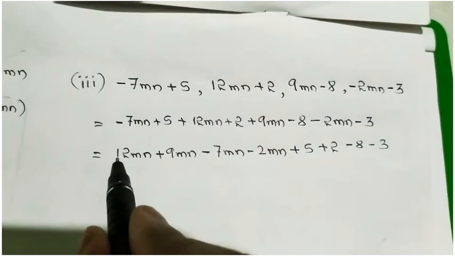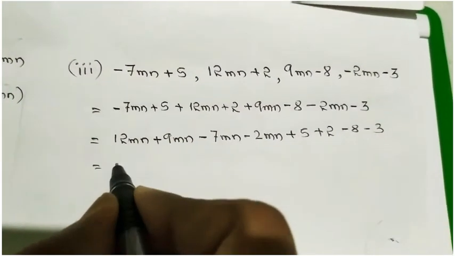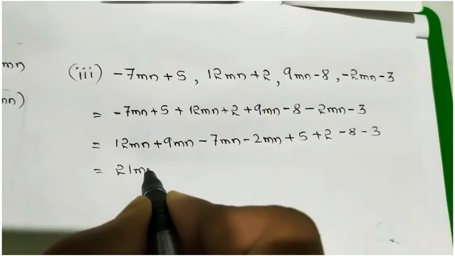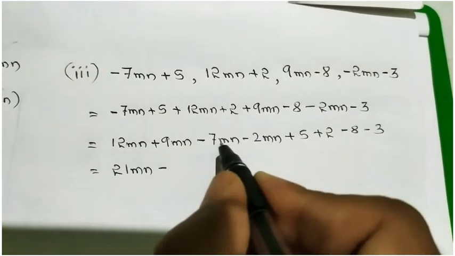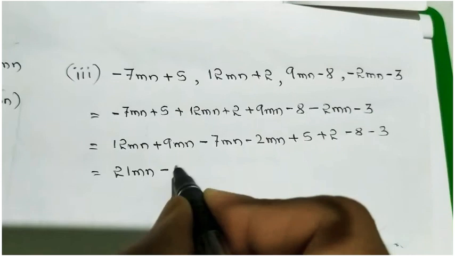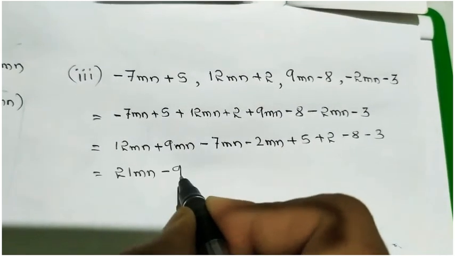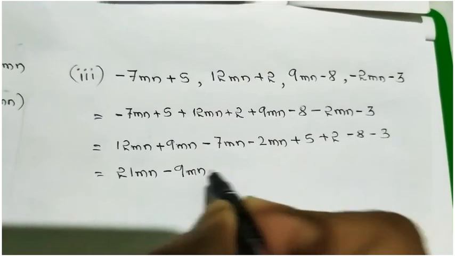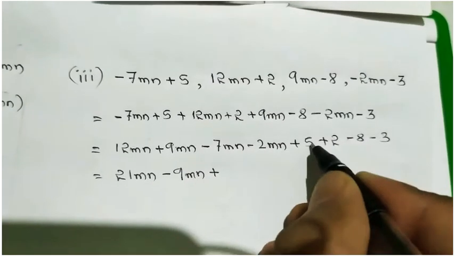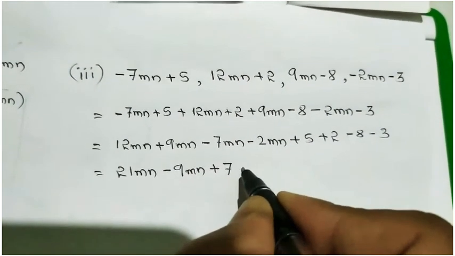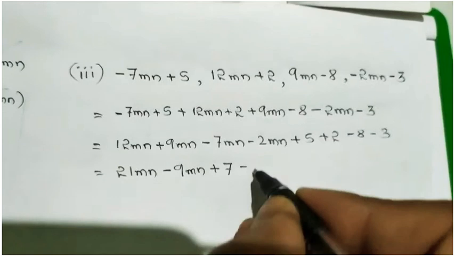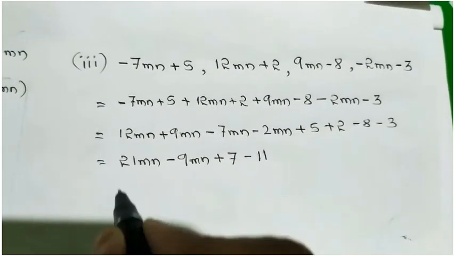Okay, so 12 plus 9, it will be 21mn minus, see here 7mn minus 2mn, it will be minus 9mn plus 5 plus 2, 7, minus 8 minus 3, it will be minus 11.